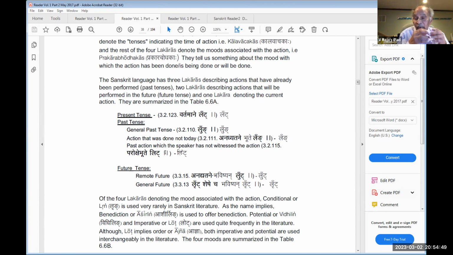So when the speaker has no direct knowledge, you have to use that. For example, I have never been to a country like South Africa. When I explain that something happened in South Africa in, say, 2002, I have to use the lit past tense. I have not seen that.